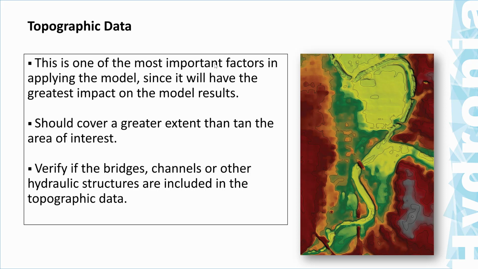And that digital elevation model should cover a greater extent than the area of interest. So what you see here on the right is a digital elevation model where the colors indicate the terrain elevation. So the darker areas here in brownish are higher, and then you have a river with light green colors here.